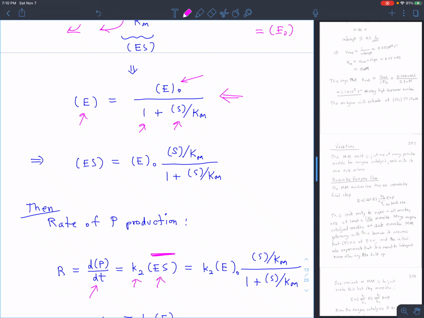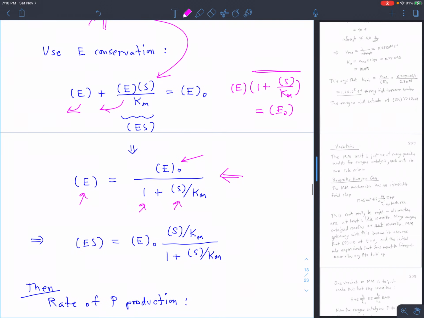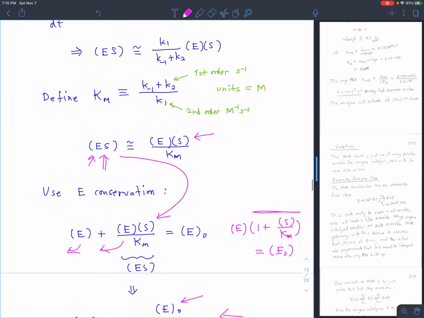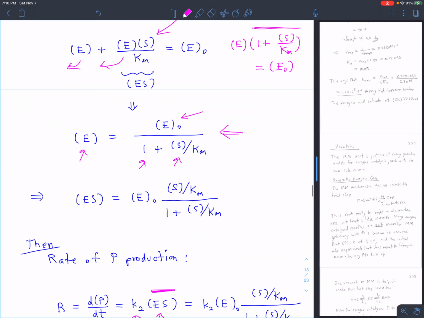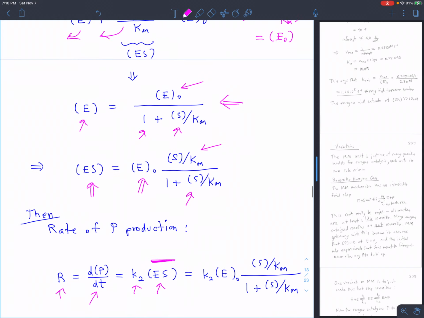We want to eliminate that from this rate law. And so going back up here to ES, I replace this E by this new expression, and that gives that the enzyme substrate complex concentration is equal to the total enzyme concentration times S over Km over 1 plus S over Km.